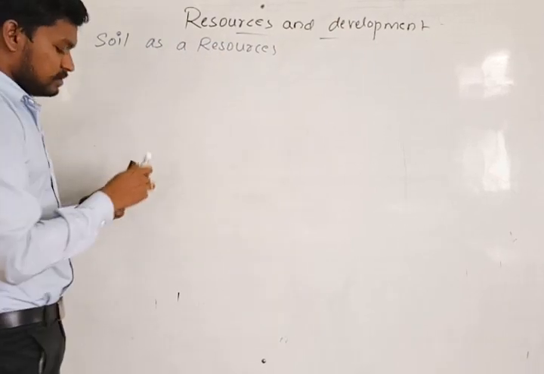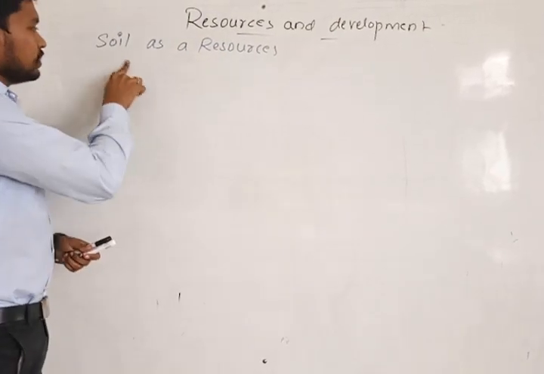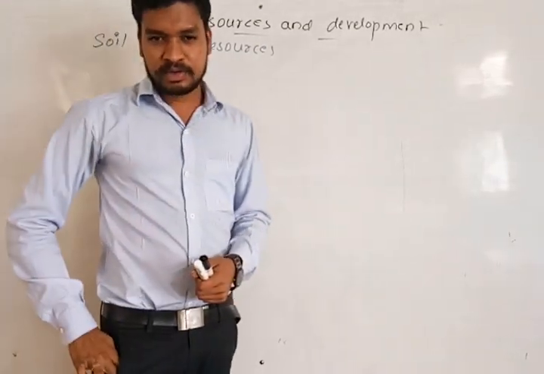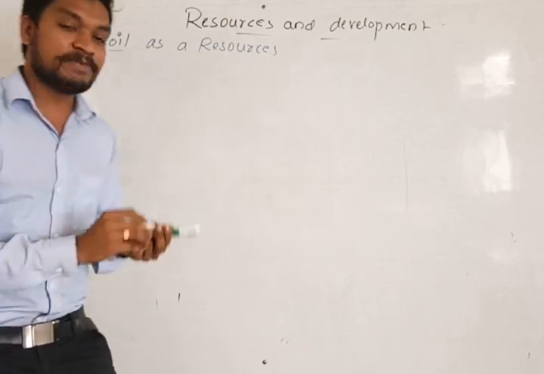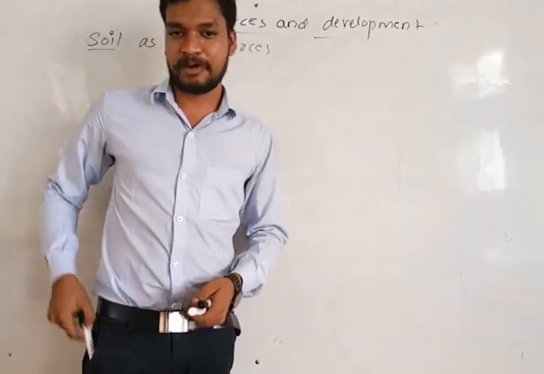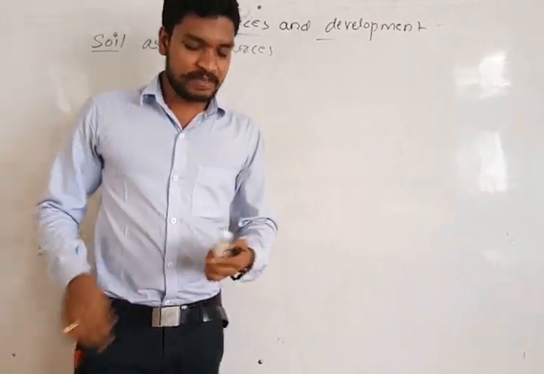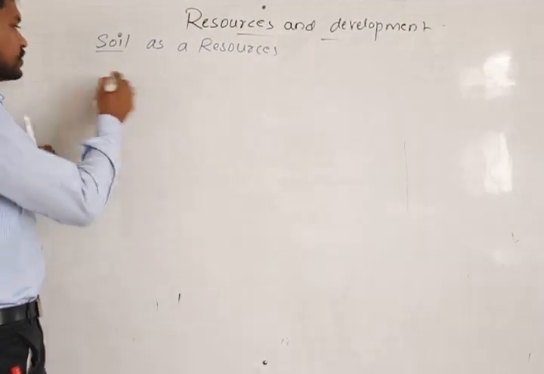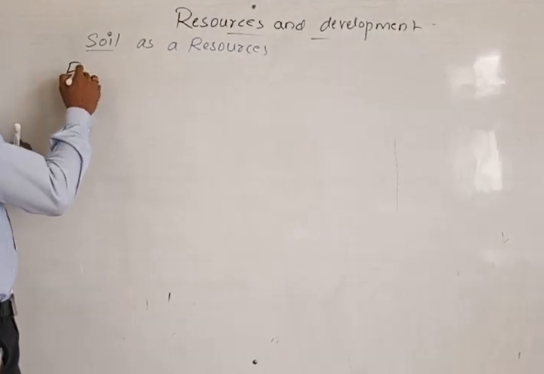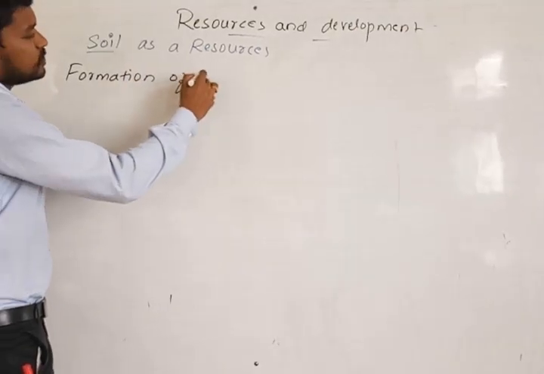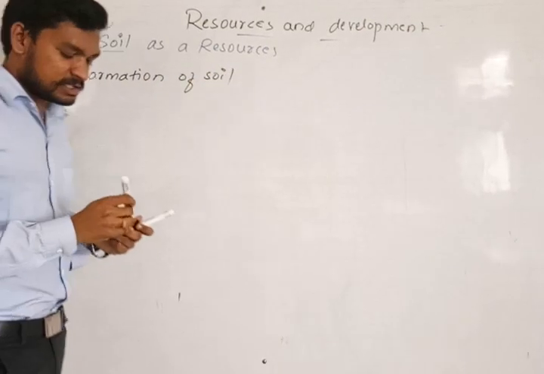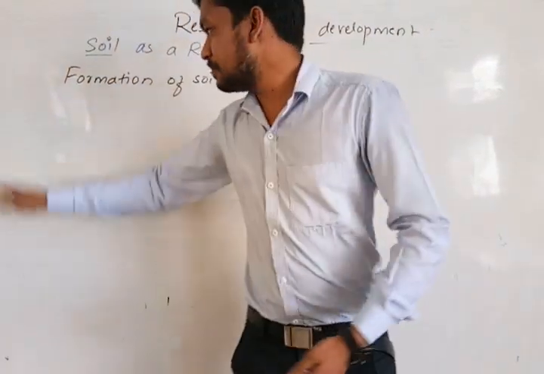Soil forms under many processes, doesn't it? It has many factors which help in the formation of soil. So what are those factors? The factors responsible for the formation of soil. There are many factors which cause the formation of soil.